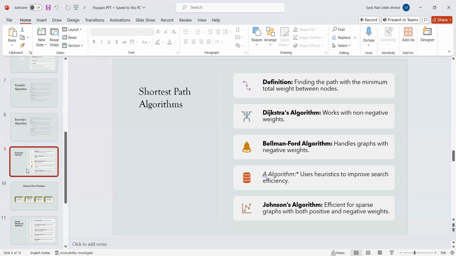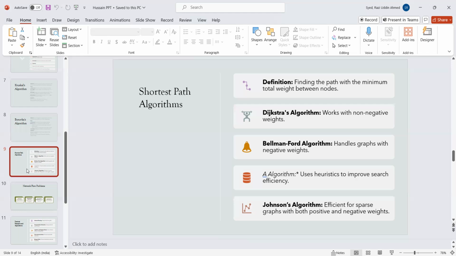First, initialization is setting the distance to the source vertex to 0 and all other distances to infinity. Relax edges: update the distance to neighboring vertices, and continue until all vertices have a shortest distance determined. It is efficient for graphs with non-negative weights and many edges.